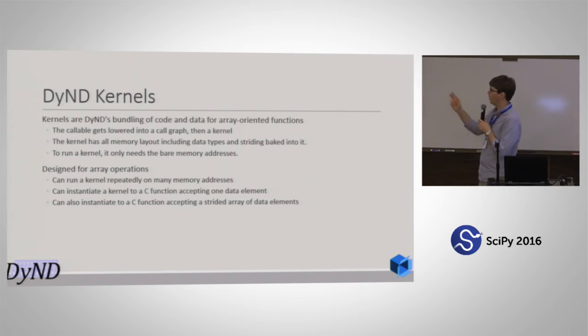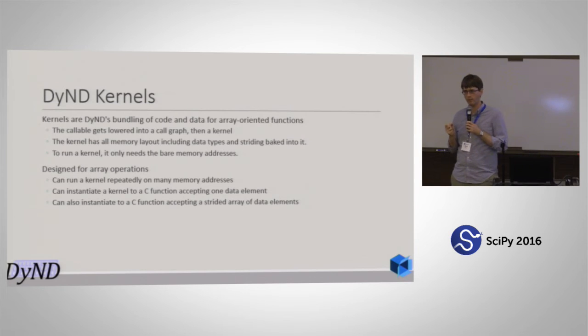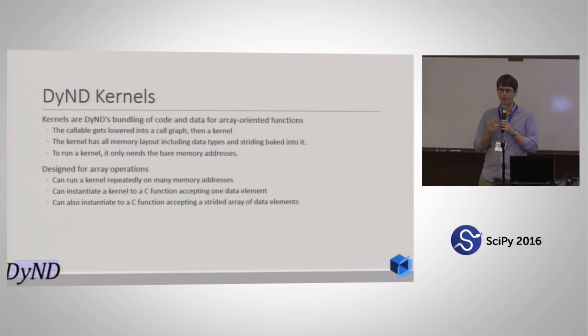Except it has one kind of extension, which is when you instantiate down to a kernel, you can choose: do you want to just call it once on various addresses all over the place, or do you want to call it on a strided array and have it run on a whole bunch of things at once? The instantiation level allows you to do that. A case where you might want to do things differently is if you want to broadcast an operation across every element of a dictionary.